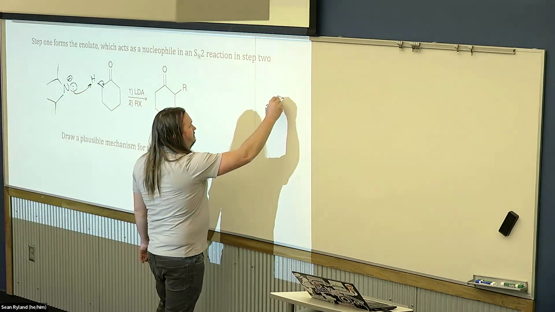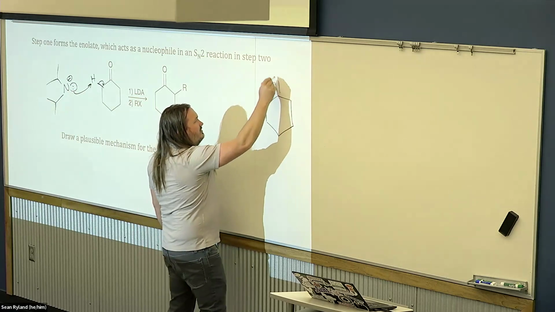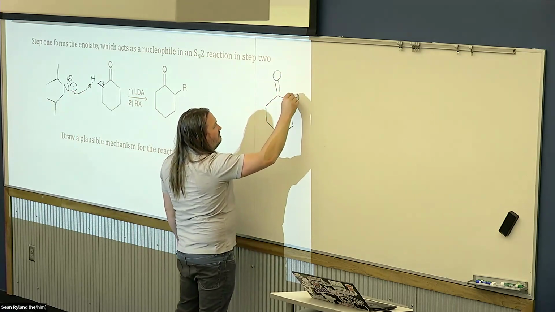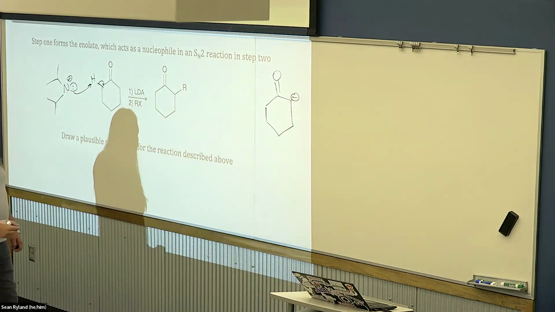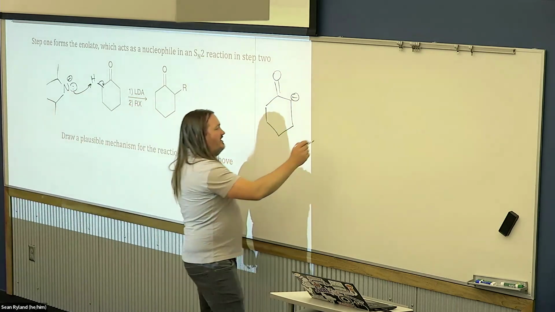So then we get an enolate. It's a symmetrical one, so for the sake of the whiteboard space I have, I'll switch to the other side.